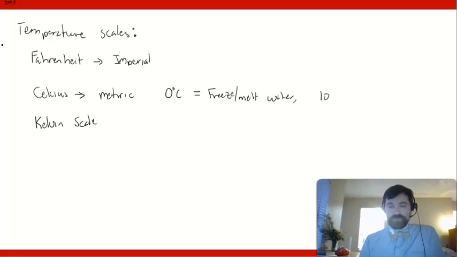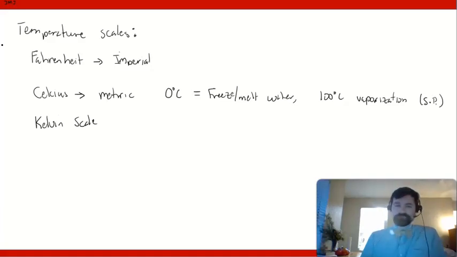And then 100 degrees C is basically the vaporization point. So evaporate or boil and condense. So at STP, or excuse me, at a standard pressure, so 1 atmosphere pressure.